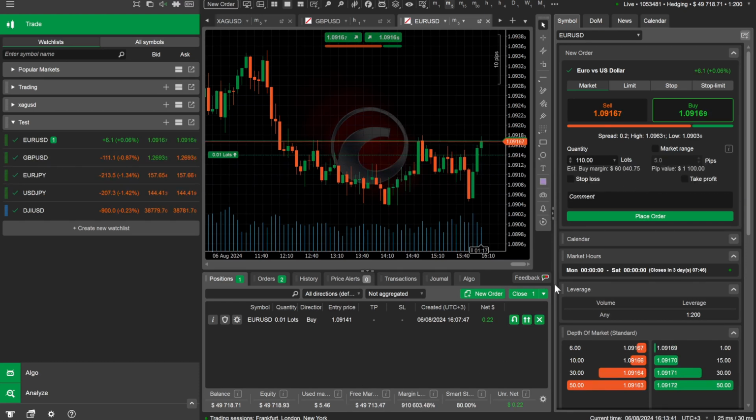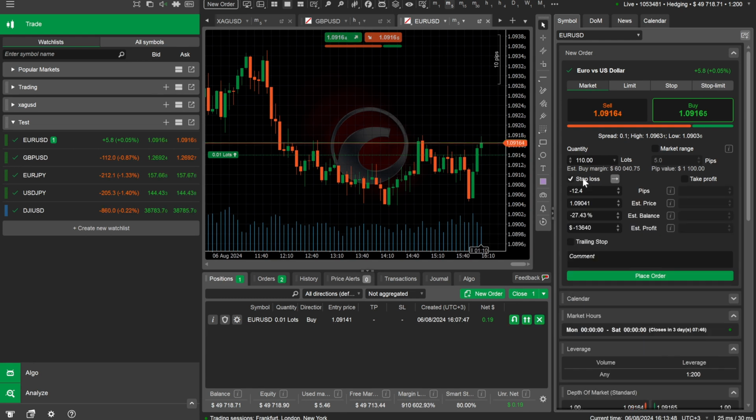You also understood that margin doesn't mean at all that this is the money you will risk in this trade. No matter the margin that is shown here, you will always choose the risk that you want.